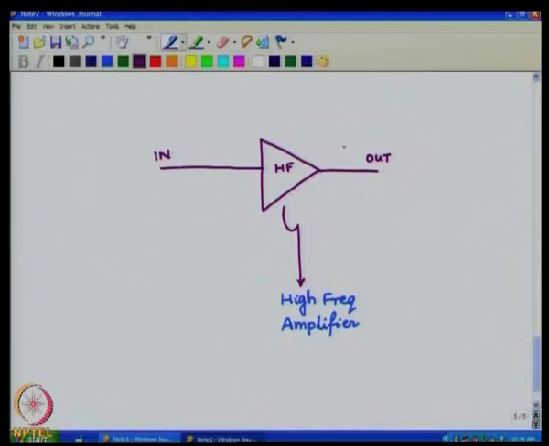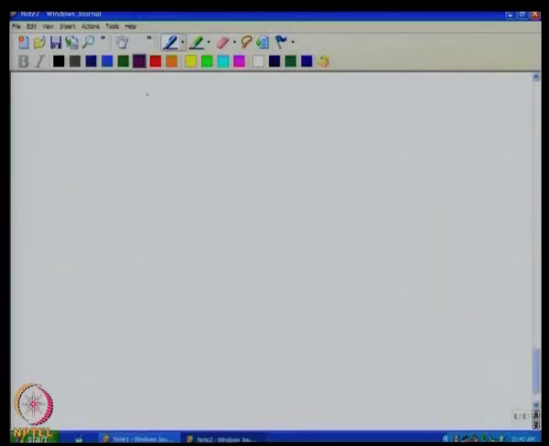I am showing this high frequency amplifier just as a block with an input and an output, but you should note that the input and output of a high frequency amplifier may be routed differently on the printed wiring board. For example, they could be routed like this.